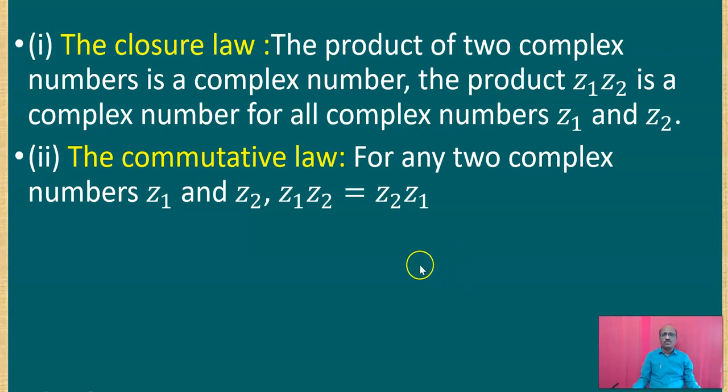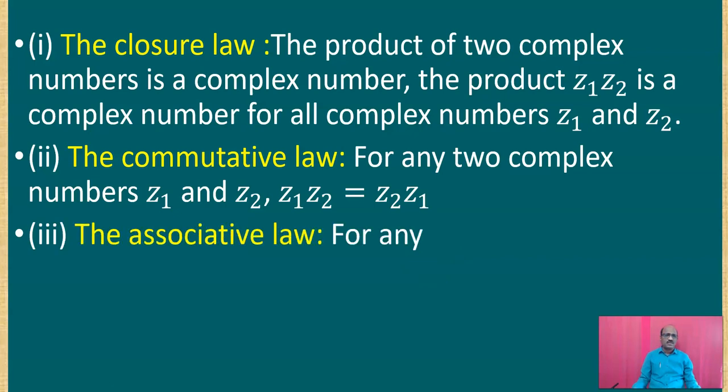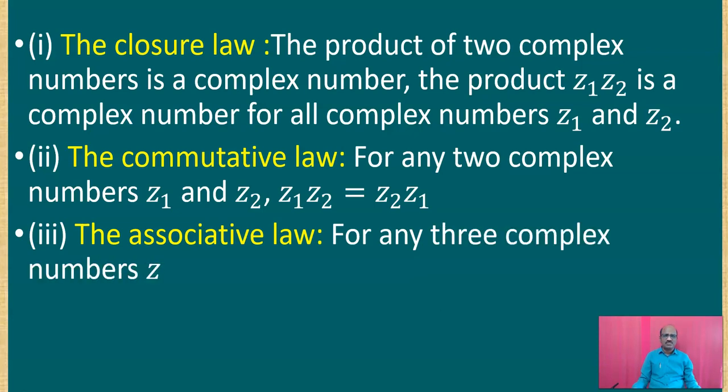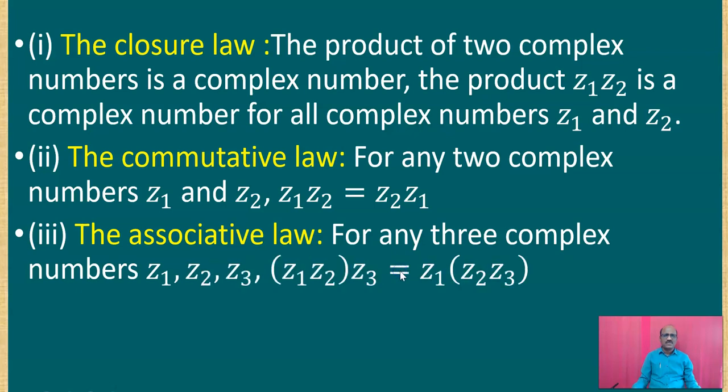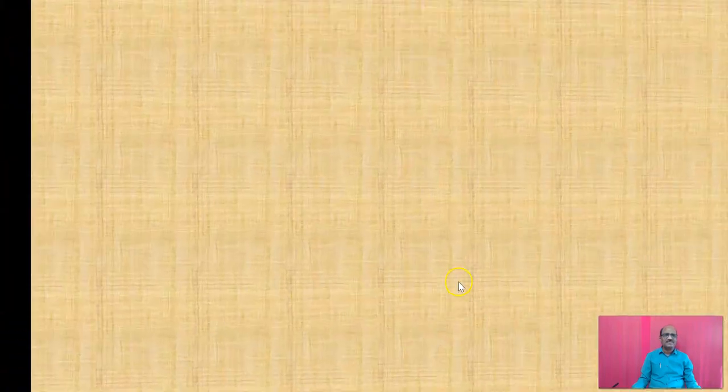This is the commutative law for the multiplication. And the associative law. For any three complex numbers z1, z2, z3, (z1 z2) z3 is equal to z1 (z2 z3).